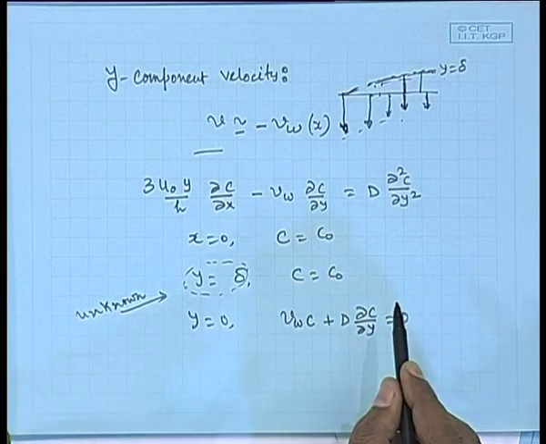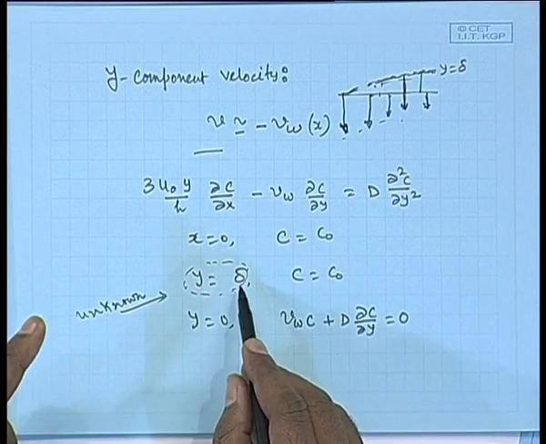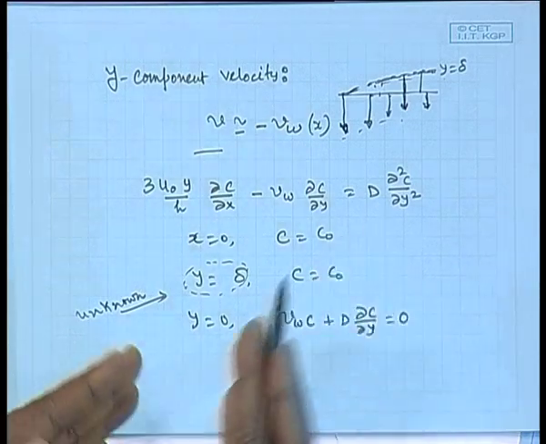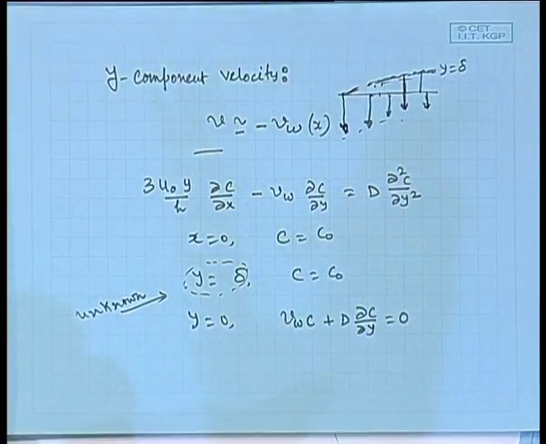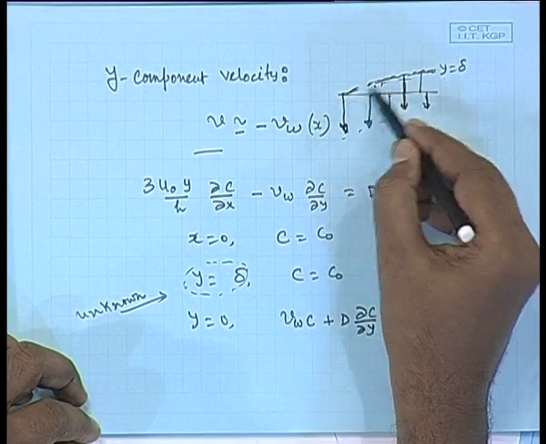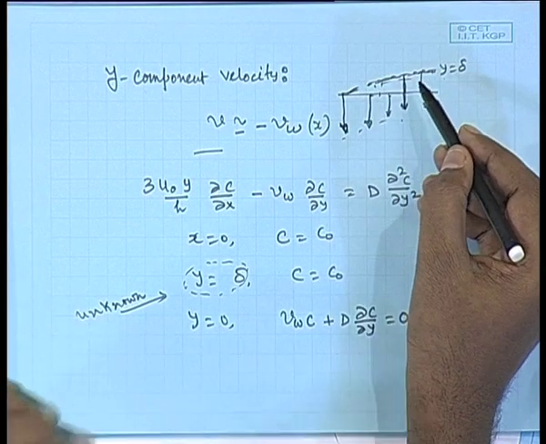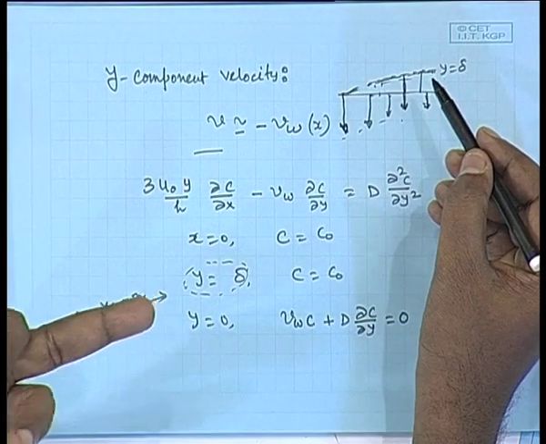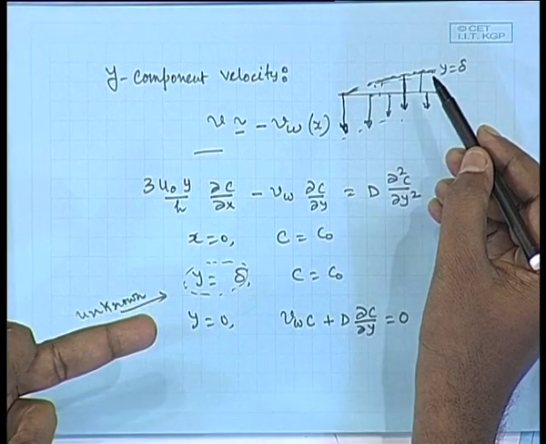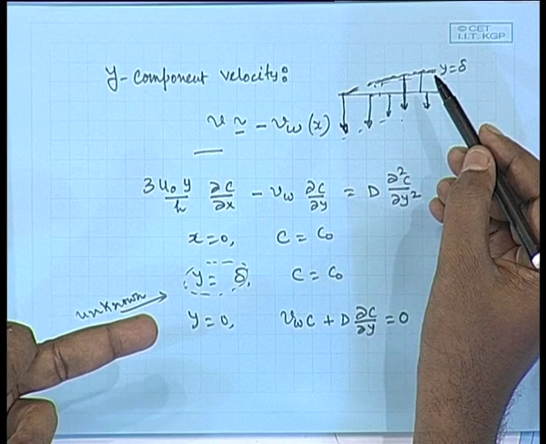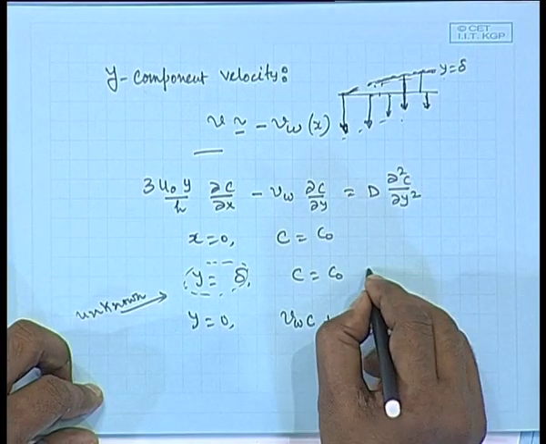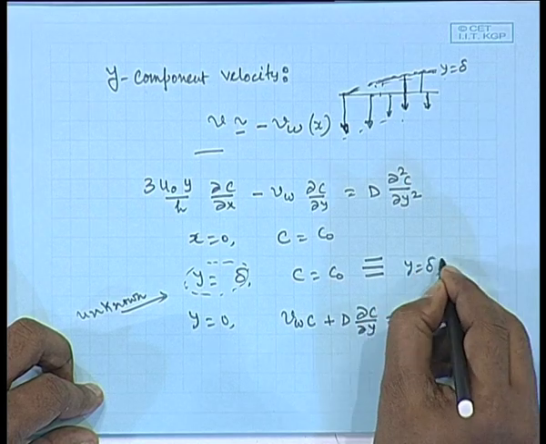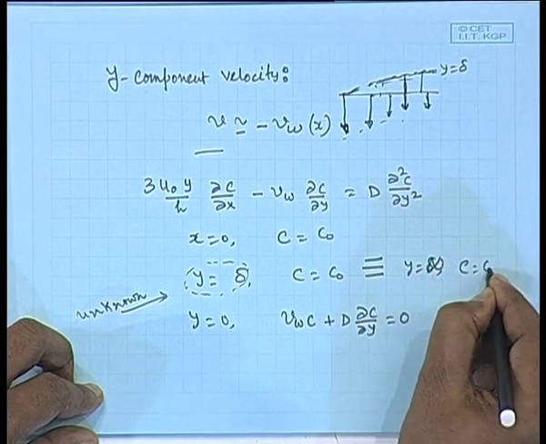You do not know the value of delta, because the value of delta is also varying at different x locations. Since this thickness is very small compared to the physical dimensions of the channel, you can replace this boundary condition y equal to delta with y equal to infinity, c is equal to c naught.